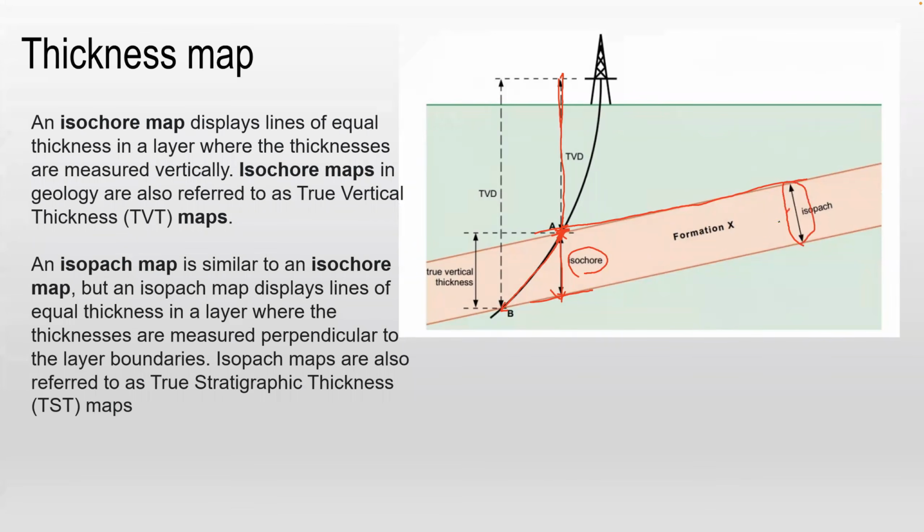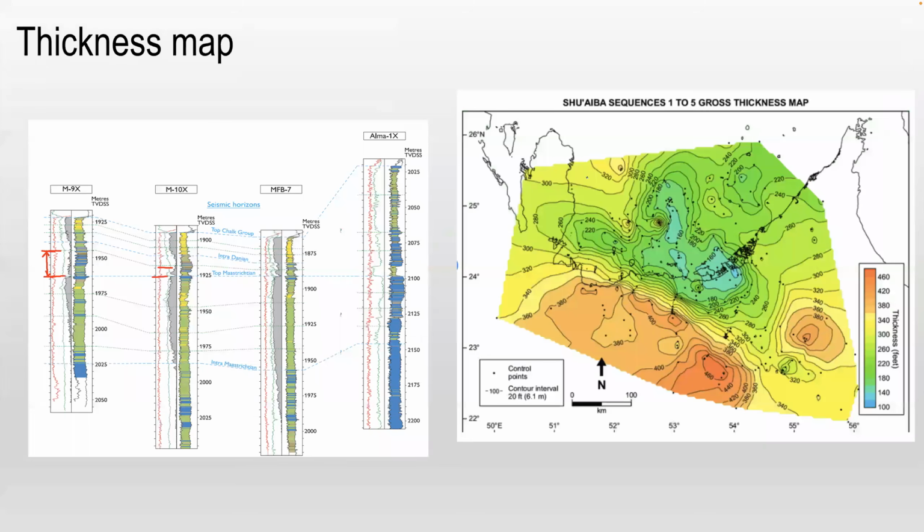So if you create the map based on true vertical thickness, it's isopac. And if you create a 2D map based on true vertical depth thickness, or TVT, it's isocore. So you can create two types of thickness map, isocore and isopac maps.